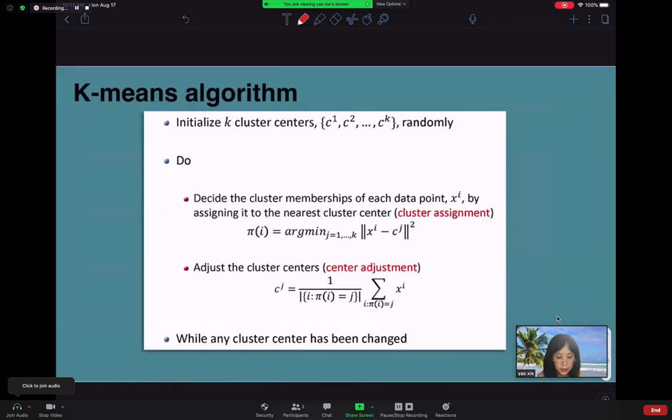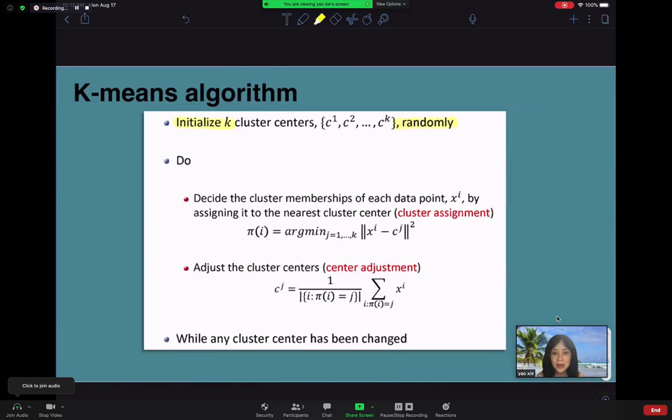So what is this algorithm? Here is a formal description of k-means. We will first have an initialization. As you can see, a lot of the algorithms we talk about in this class will have some kind of initialization. Here we will initialize the centroids randomly. In your homework, you'll practice implementing k-means yourself, and you will see how to randomly assign the centers.